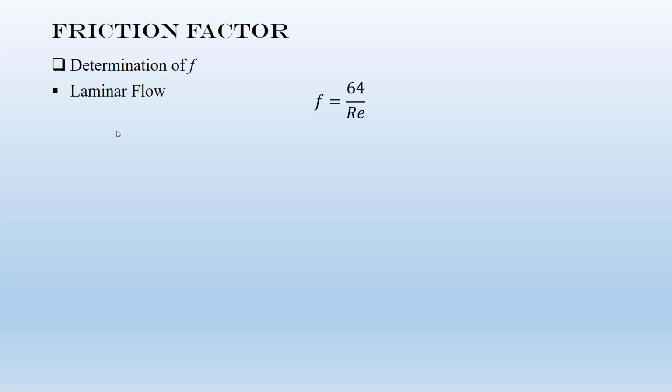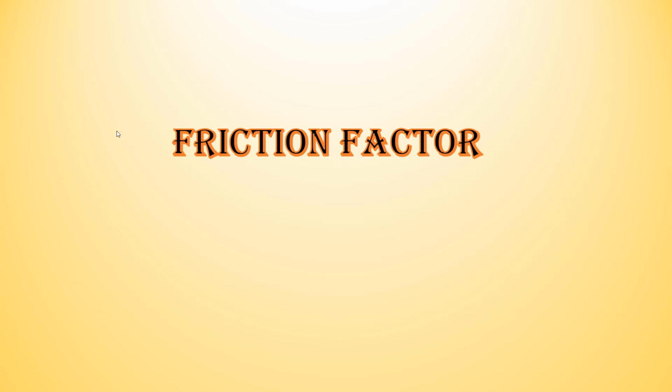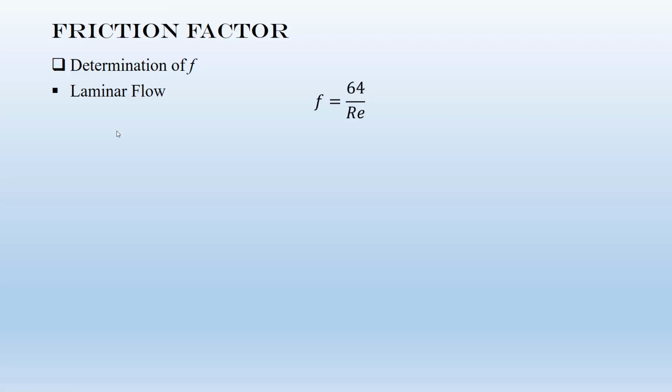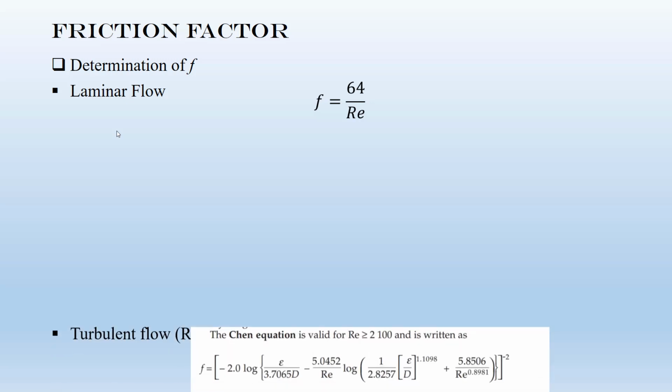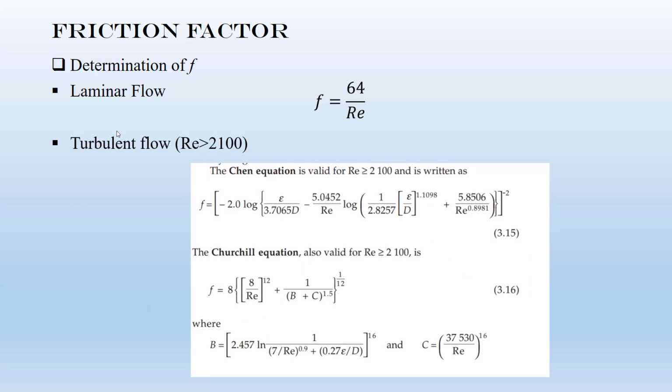To find the friction factor, note that the friction factor depends on the flow regime. For laminar flow, F is 64 over Reynolds number. If you remember, for internal flow, the critical Reynolds number is 2,100, sorry, 2,200, or in some textbooks, such as the German textbook, it is 2,100.